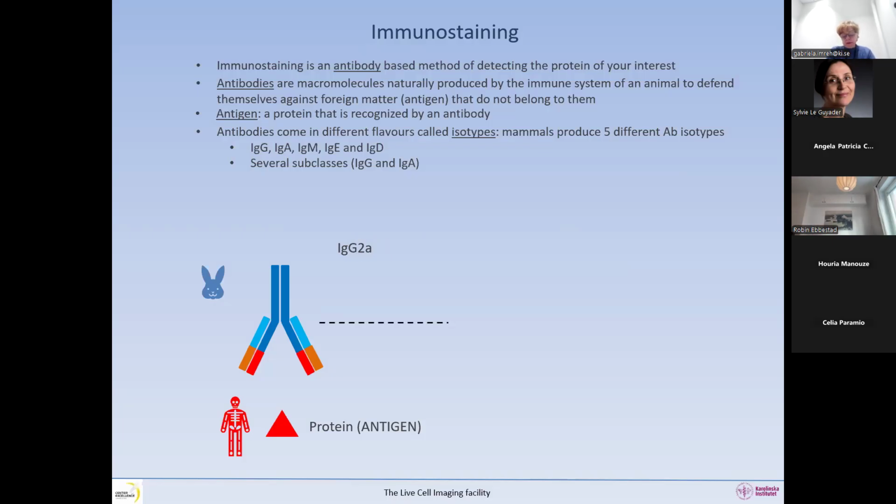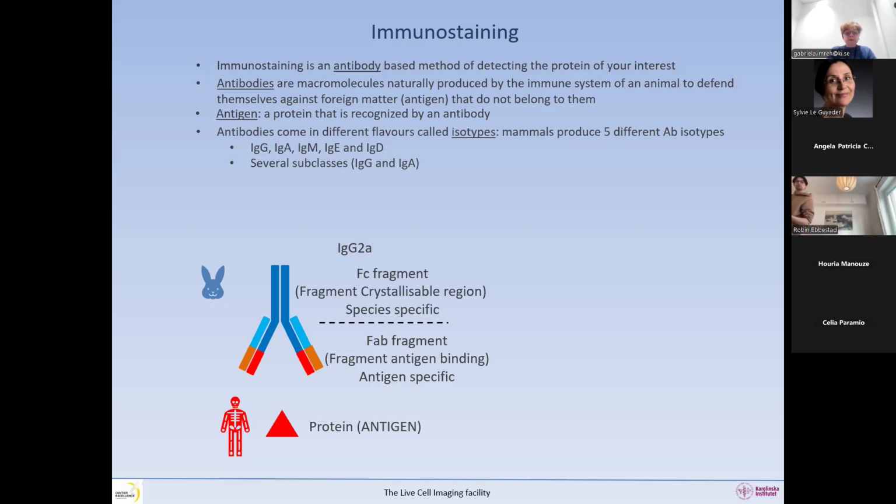Before we go there, the part of the antibody that actually binds to the specific antigen is called the FAB fragment, from fragment antigen binding, and this is antigen specific. The other part, the FC fragment, comes from fragment crystallizable region, and is species specific.